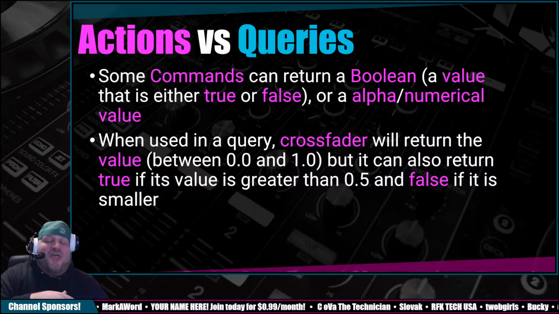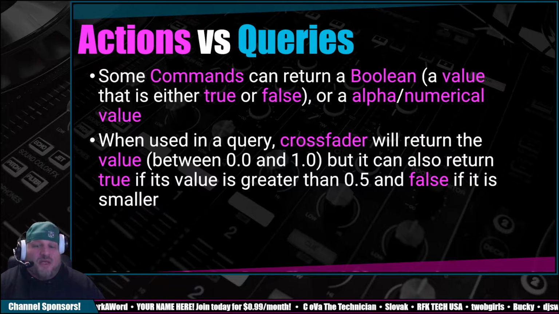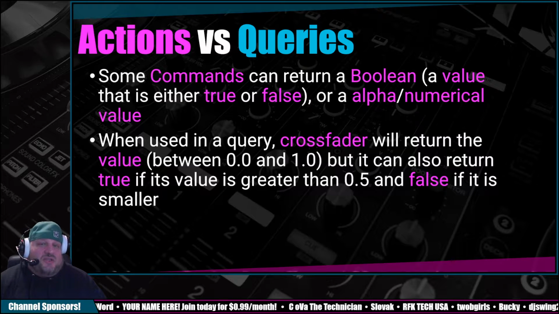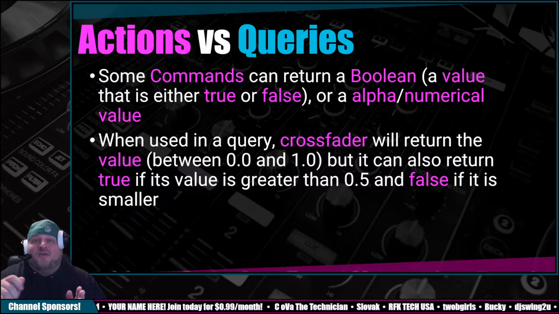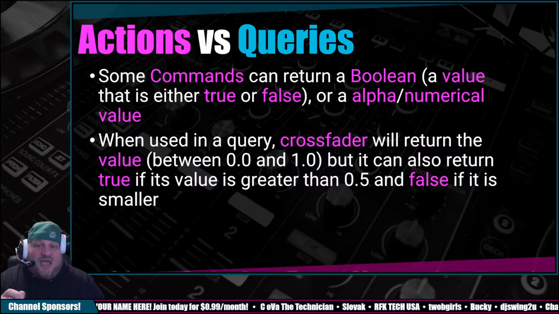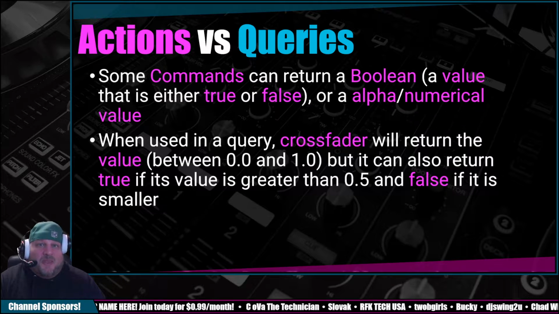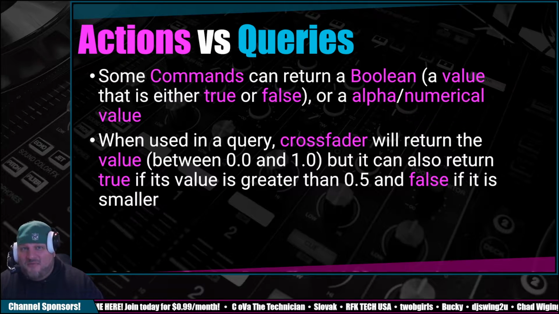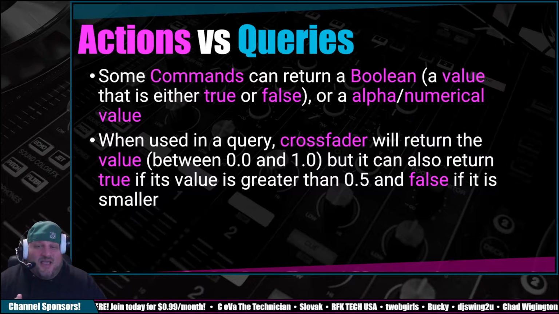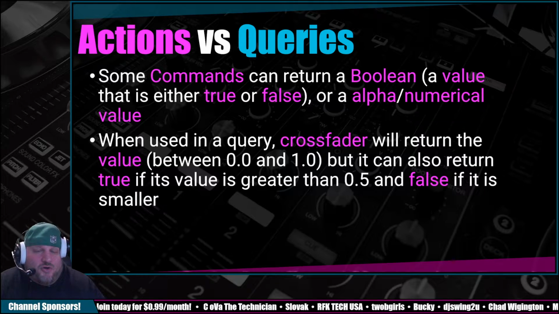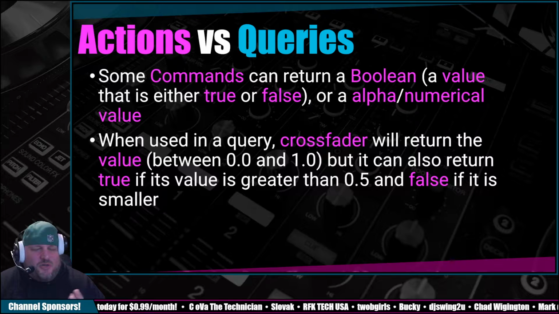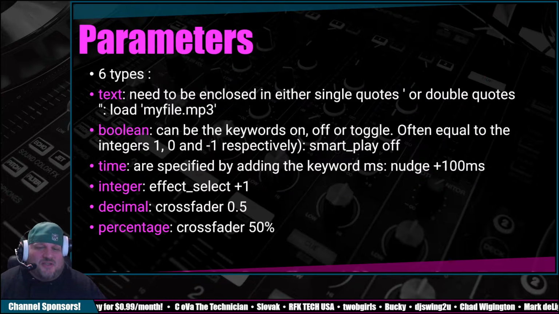It can return that value if it was part of the command structure. But it also could say true or false. If it's greater than halfway, going over to my right deck, then provide true. If it's not past the midway point to my right deck, then return false. So many trues and falses. Here we go.